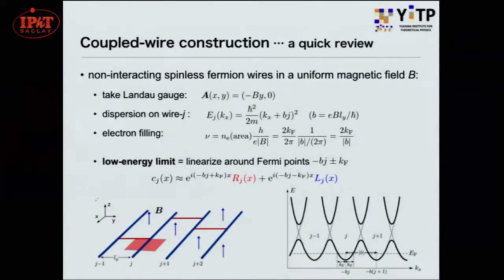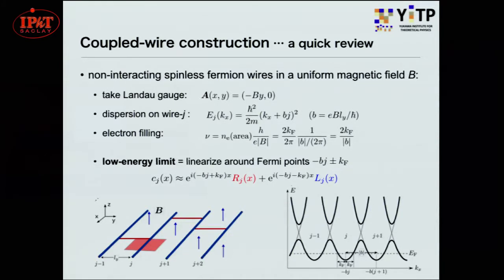Okay, so let me quickly survey how the coupled wire construction works for constructing the topological fractional quantum Hall state. In constructing the fractional quantum Hall Laughlin state, we prepare non-interacting spinless fermion wires subject to an external magnetic field B. Taking a Landau gauge, the gauge potential will be given by this.